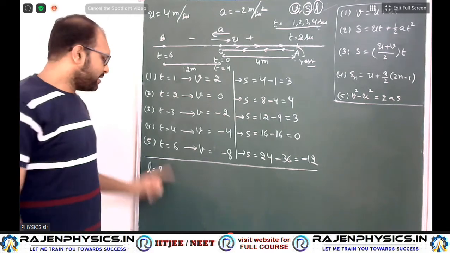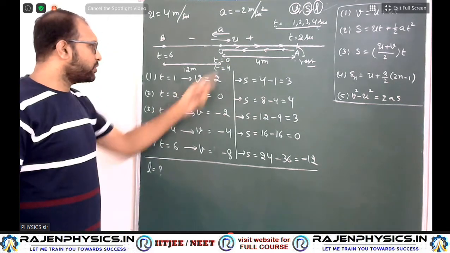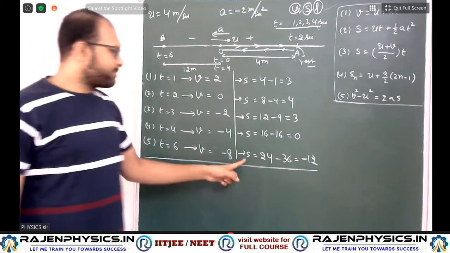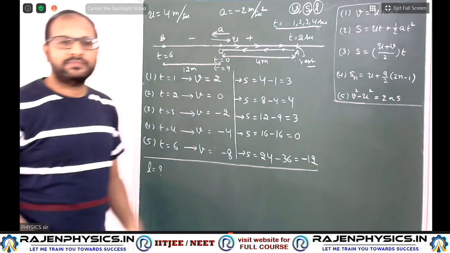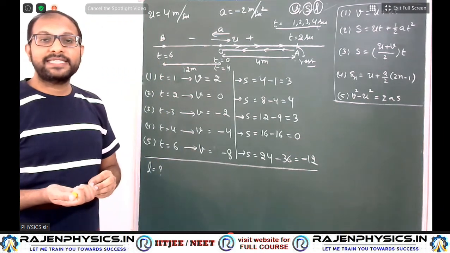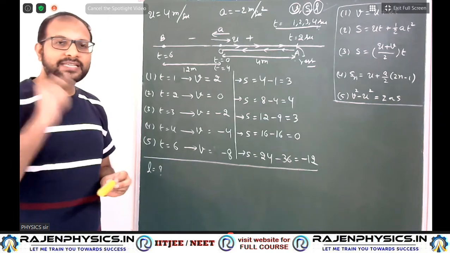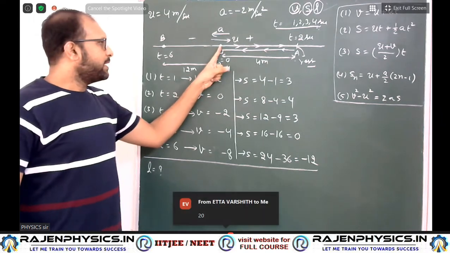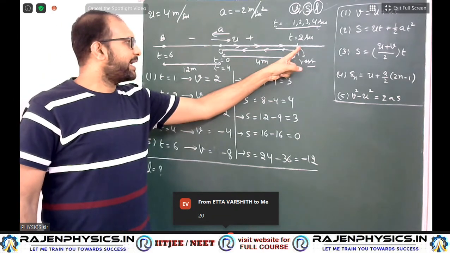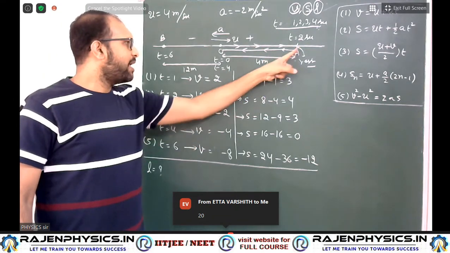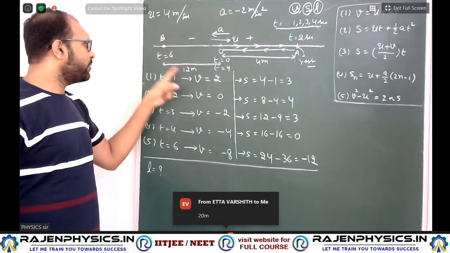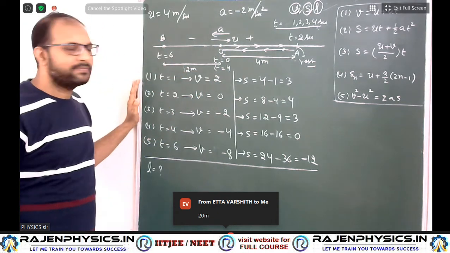Again students, from t equal to 0 to t equal to 6 seconds, what is the displacement? Displacement is minus 12. But what is the distance? 0 to 2 seconds, that is 4 meters. And again here to here 4 meters. And again here to here 12 meters.